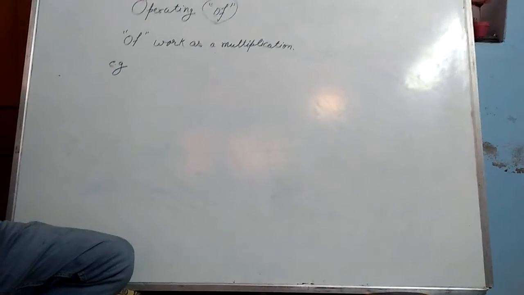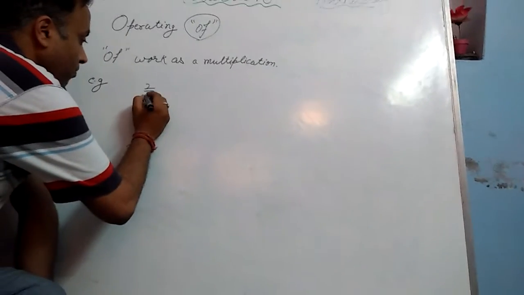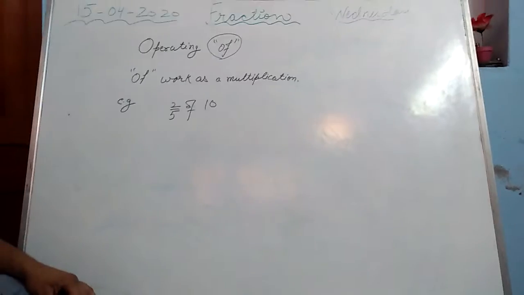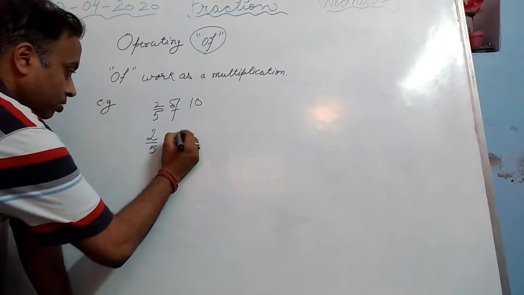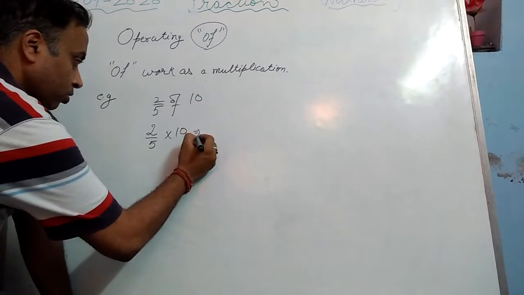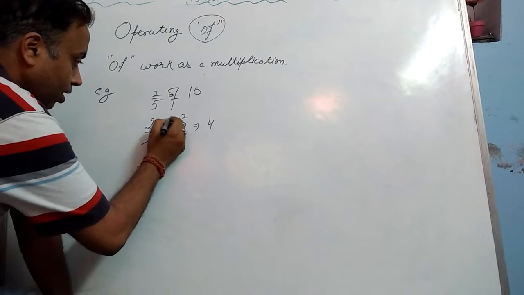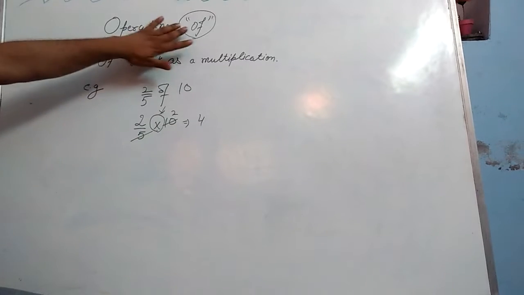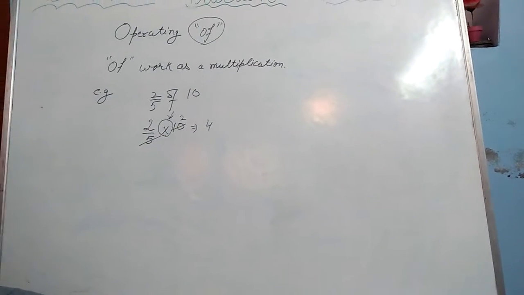For example, if 2 by 5 of 10 is given, so it means here 2 by 5 is multiplied by 10. So my answer is 4. This is the meaning of "of". In my statement, meaning of "of" is multiplication of the two numbers.